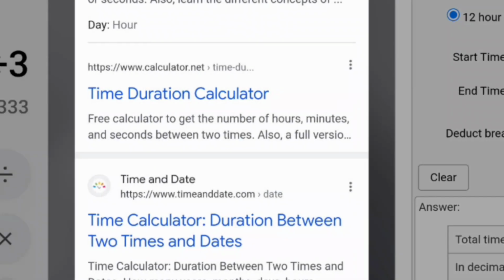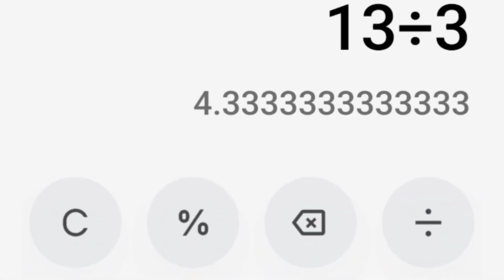Now we will be heading to the calculator part. So we will be doing 10 divided by 3, and it will be around 3.3. As we have seen there, it is 10 hours 50 minutes and 3.3 here. So we will be taking 3.5 hours approximately.